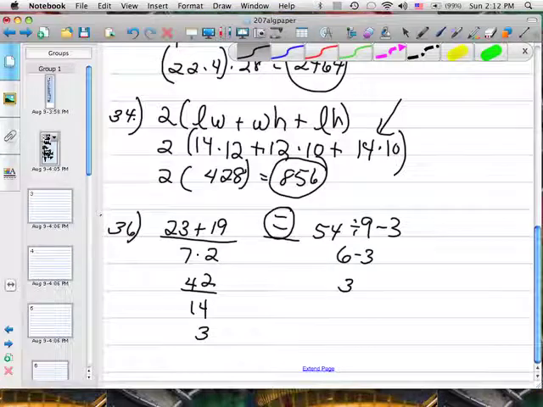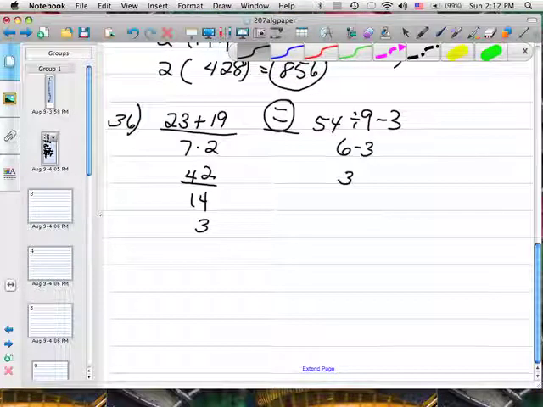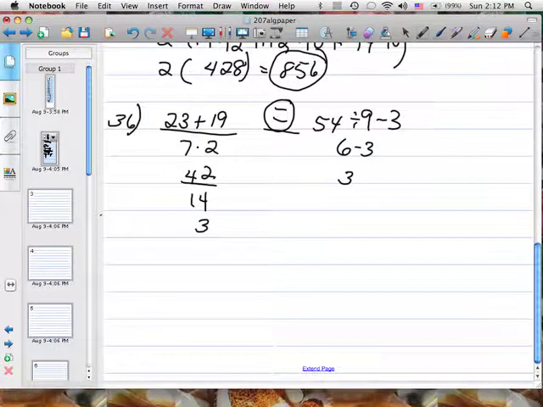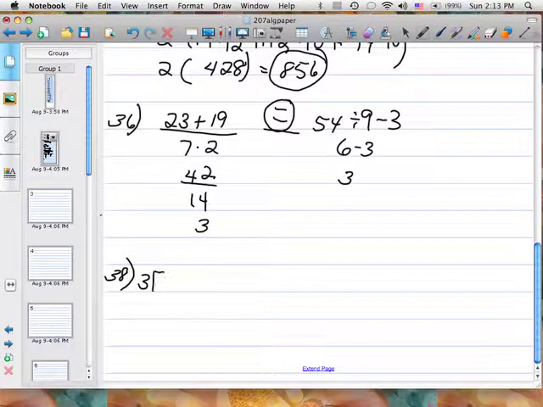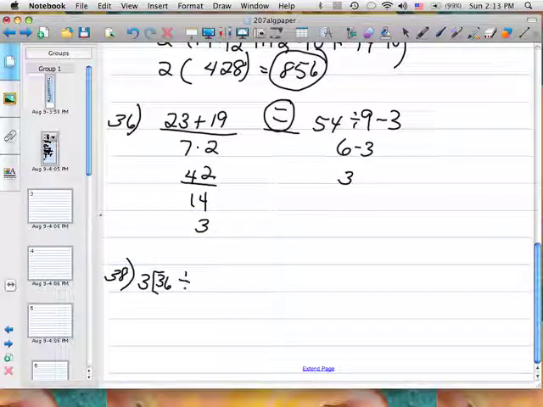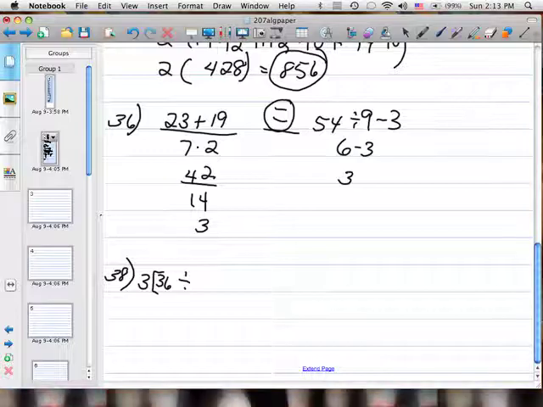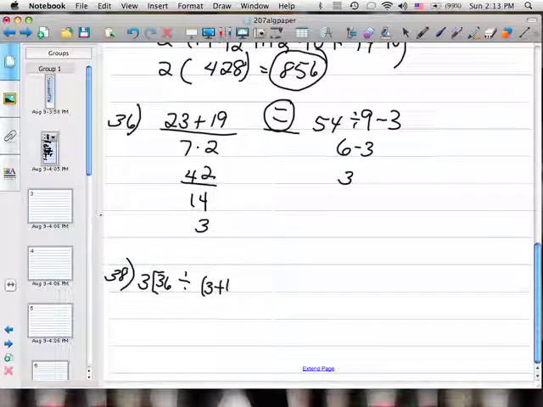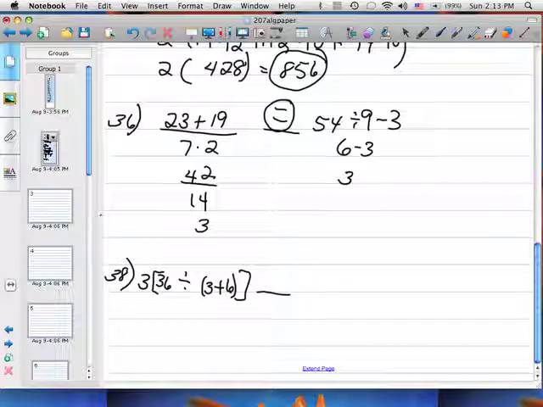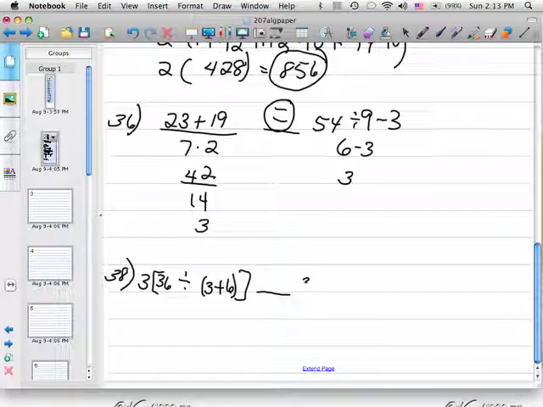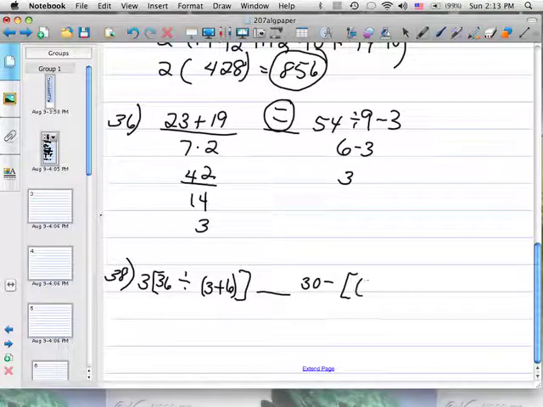So we get 2 times the quantity, and I would use a calculator on this one. So if we did 14 times 12 plus 12 times 10 plus 14 times 10, we get 428.